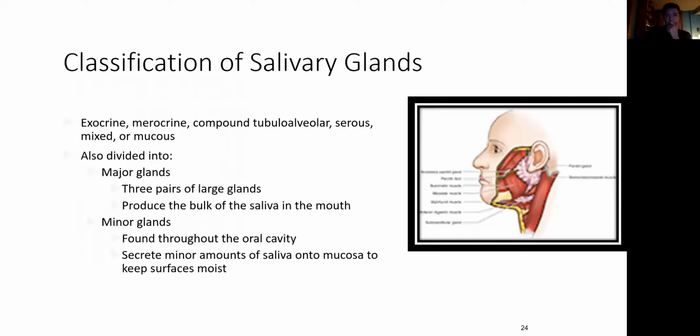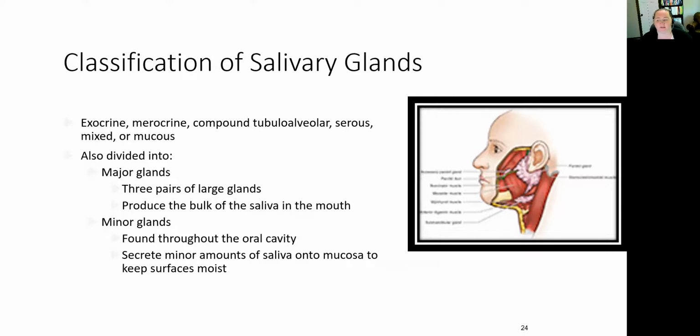All right. So classification of salivary glands. We have exocrine, merocrine, compound tubulo-alveolar, serous, mixed, or mucus. They're also divided into major and minor salivary glands. So our major salivary glands, we have three pairs of large glands.